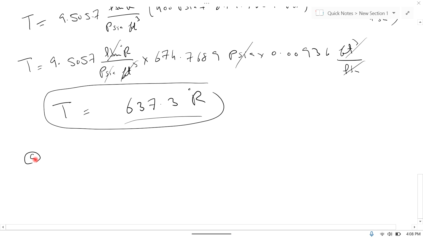And part number 3, find T by using a refrigerant table.